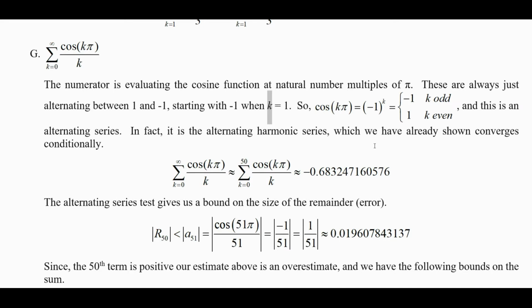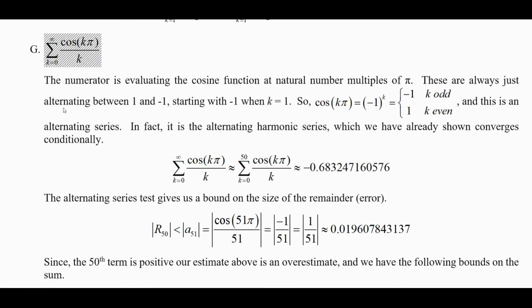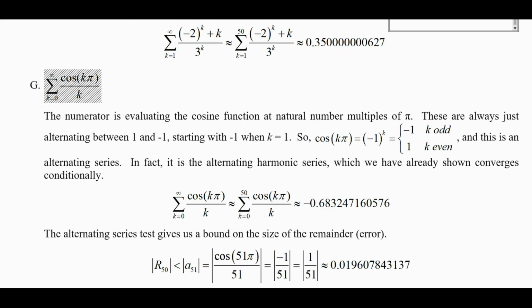So what we're doing here is getting an alternating series, and that should have said starting at 1, not 0. If you start at 0, you're dividing by 0, so that's not good. So start that at 1.